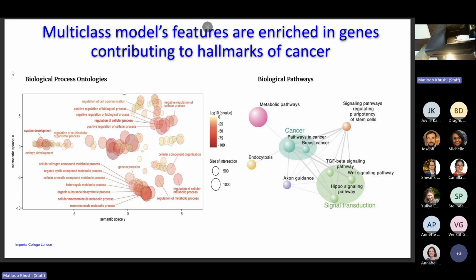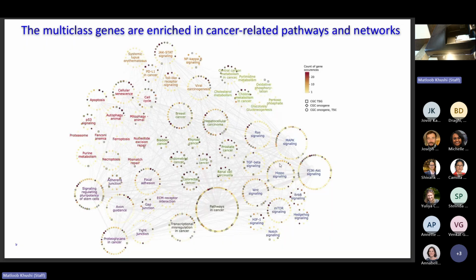And so you could do things like biological ontology enrichment and pathway analysis. And most of the features that the multi-class model came up with contributed to hallmarks of cancer and pathways associated with cancer promotion, basically.